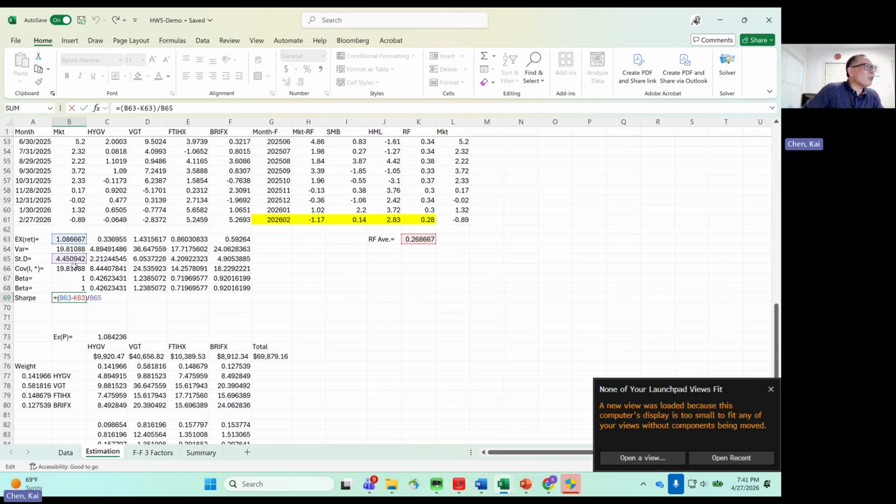Because later on I'm going to scroll to the right, I'm going to lock K63. When I calculate the Sharpe ratio for different assets, the risk-free rate is the same, so I highlight this, click F4, and lock this cell.